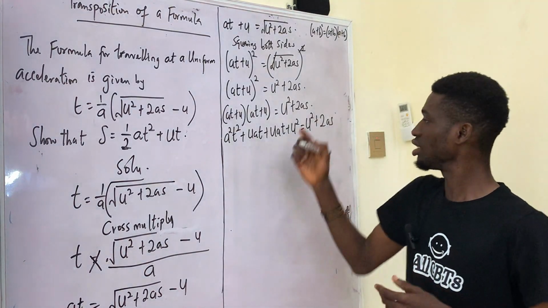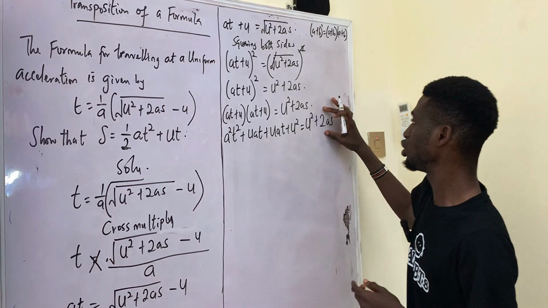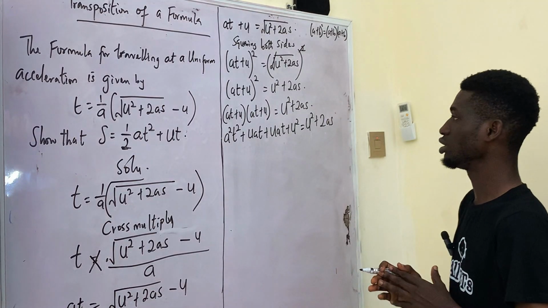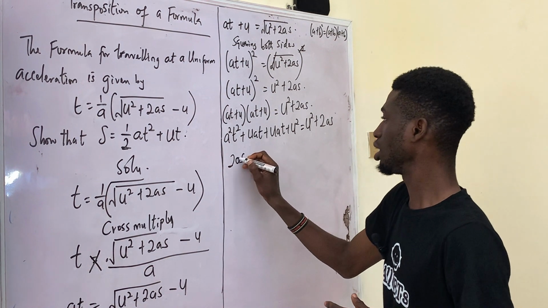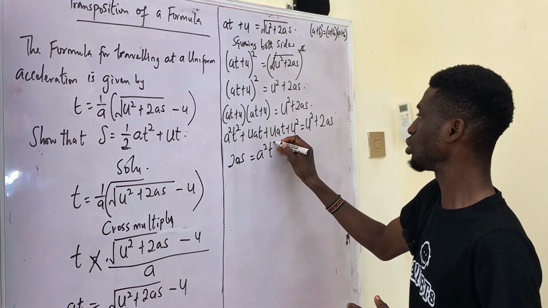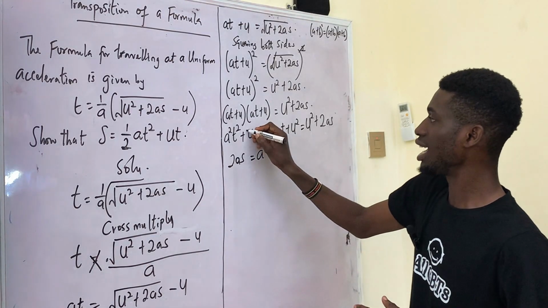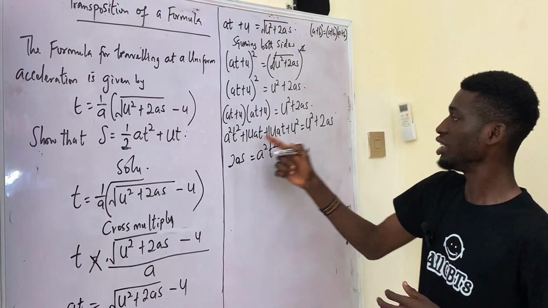So what's next? I'm to bring this u squared to this point so that my 2ax can stand on its own. So I can have it as 2ax equals a squared t squared. Don't forget this has 1 in front. So this and this are the same.